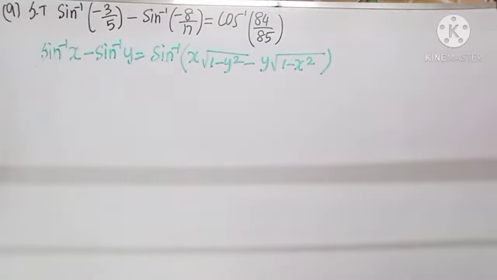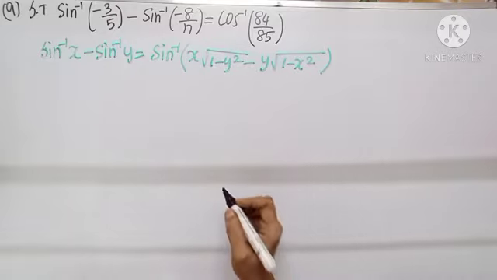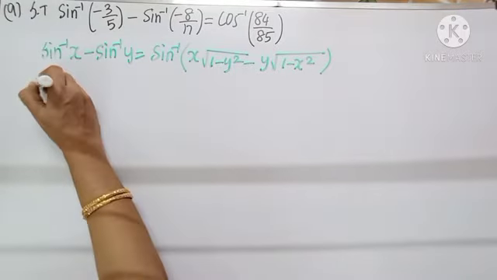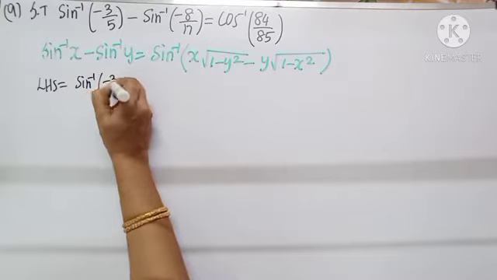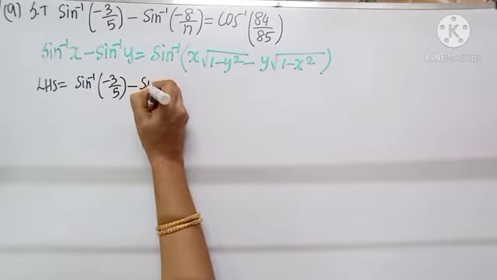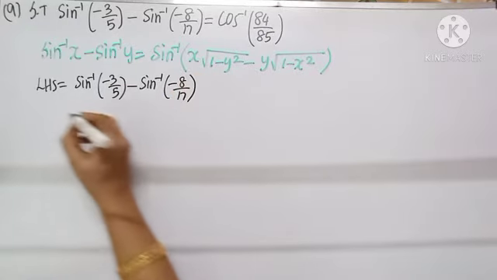Question number 9, sin inverse minus 3 by 5 minus sin inverse 8 by 17 equals cos inverse 84 by 85. Start from LHS. LHS equals sin inverse minus 3 by 5 minus sin inverse minus 8 by 17.